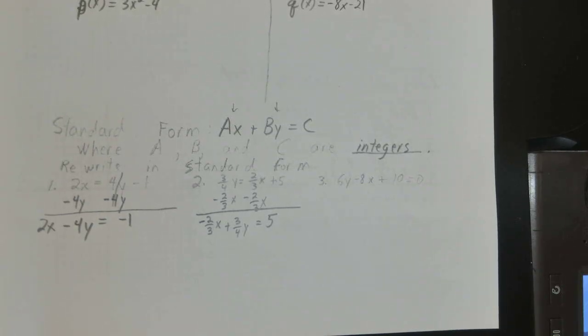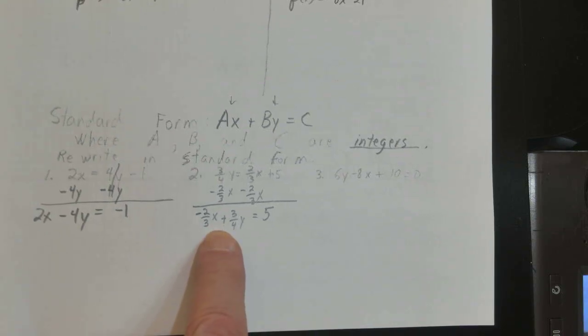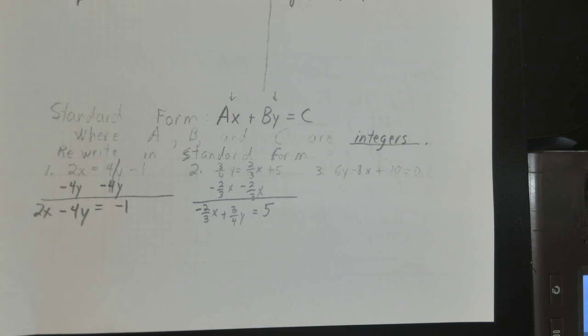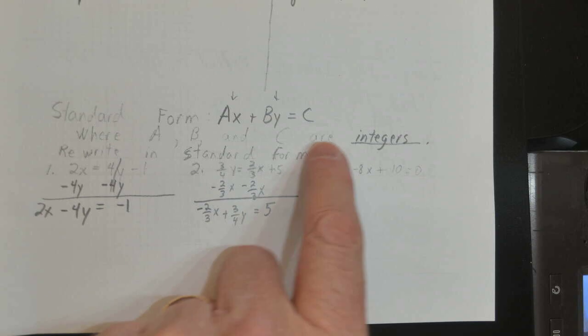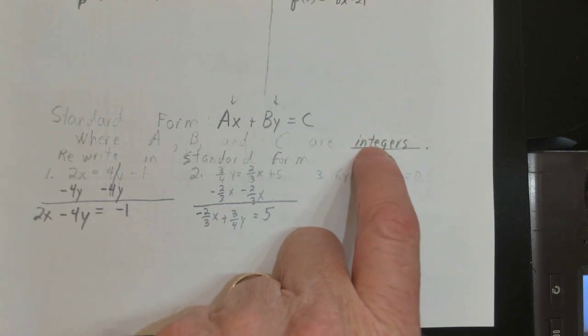Okay. So I've got the x and y on the same side. Am I finished? No. What else needs to happen here? What did we say A, B, and C need to be?